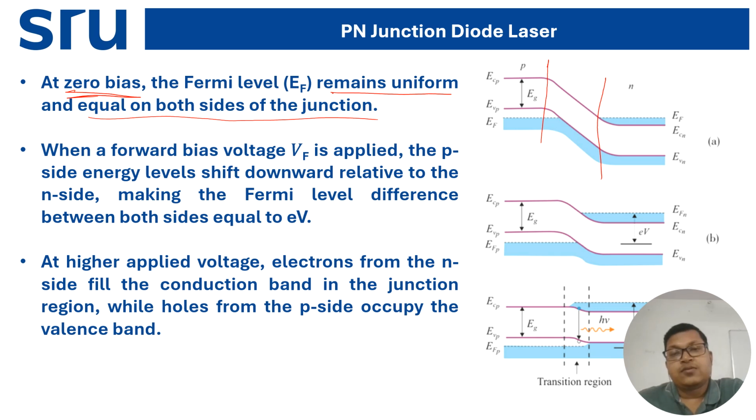If you see this line, you see clearly it is uniform and equal for both. This is a must-know fact that you should always remember: whenever equilibrium is established and there is no bias connected to the p-n junction, the Fermi level throughout the device will be the same, equal on both sides of the junction. So this is one condition at zero bias or no bias.